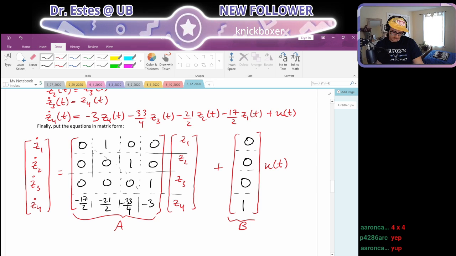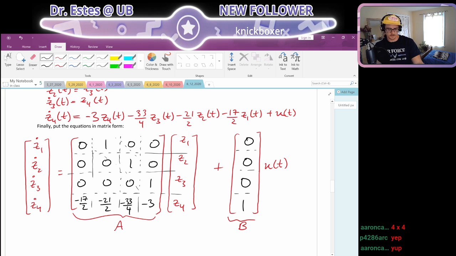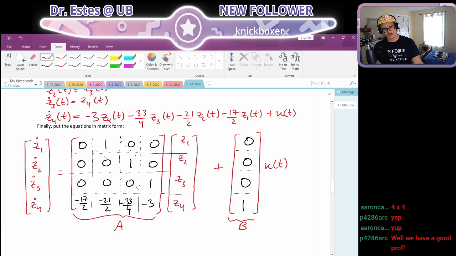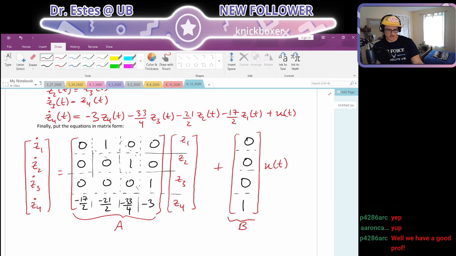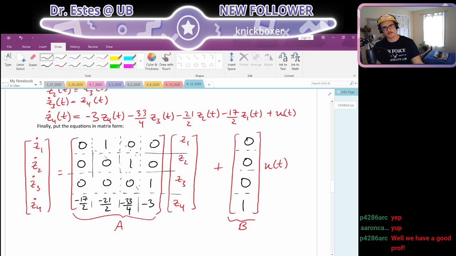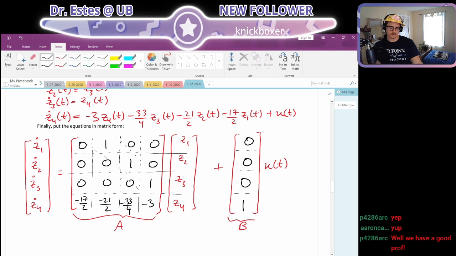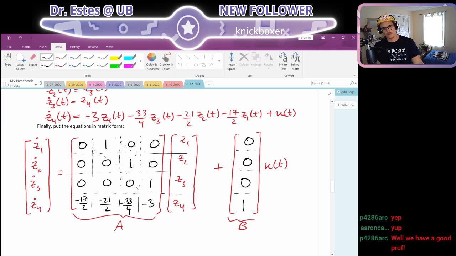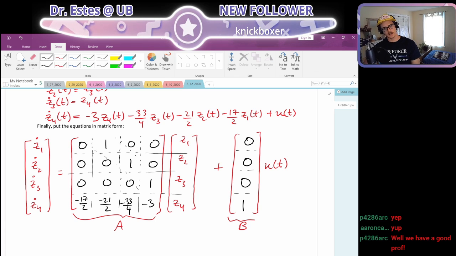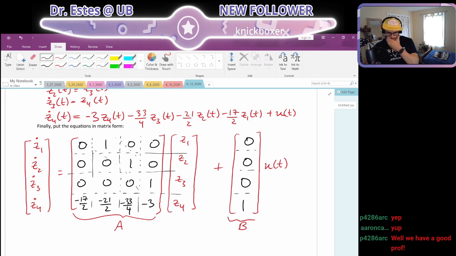I'll point this out, maybe not today, but later on. For different types of systems, oh, thank you, Phil. You're too kind. Like for mechanical systems, there's kind of standard ways that this A matrix will look. Like you see this diagonal of ones going across. You'll notice for different systems, there's certain standard patterns that come out.